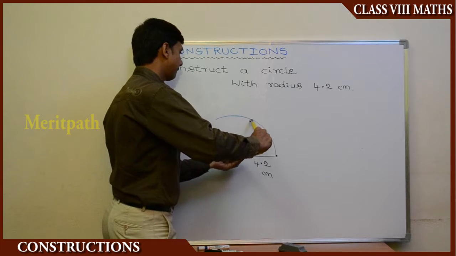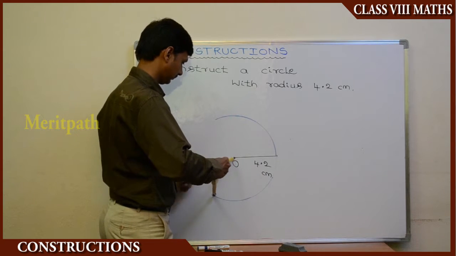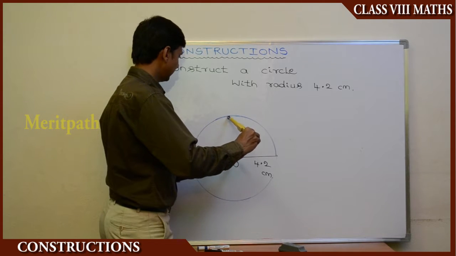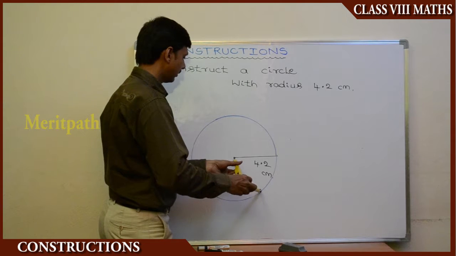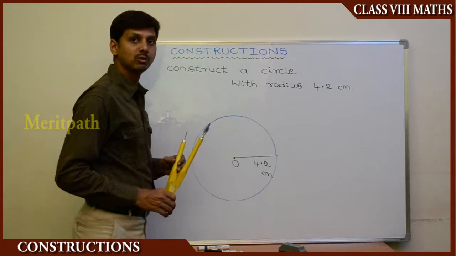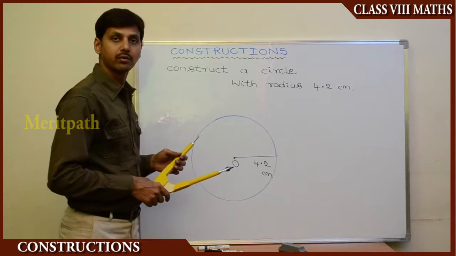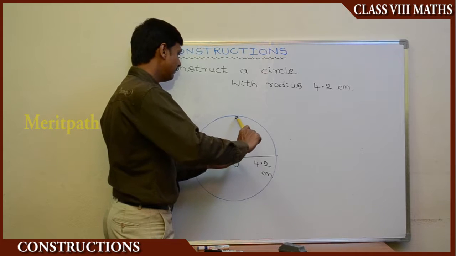rotate this compass in this manner. If we rotate this compass, then it makes a round figure. It is called a circle. Circle we have drawn. So let's draw it again.